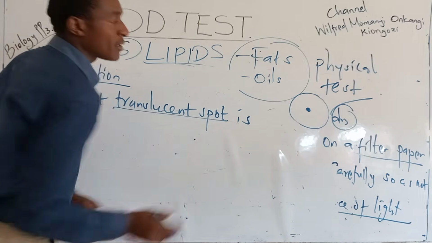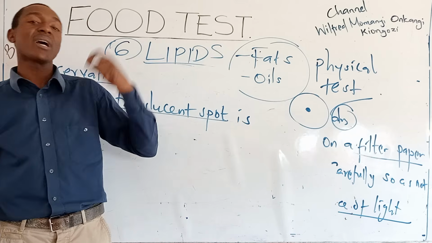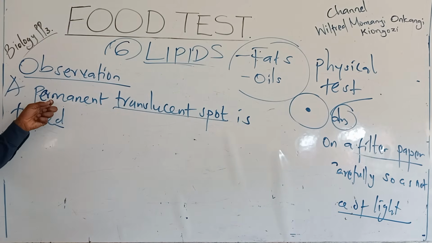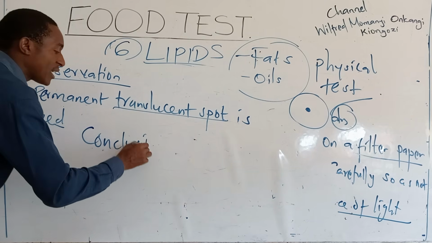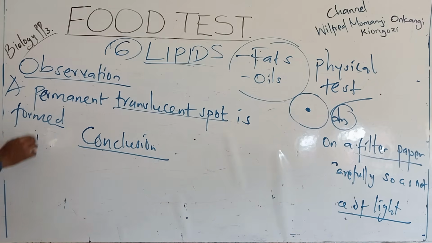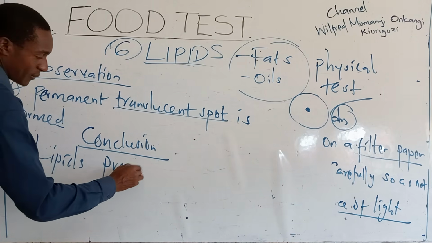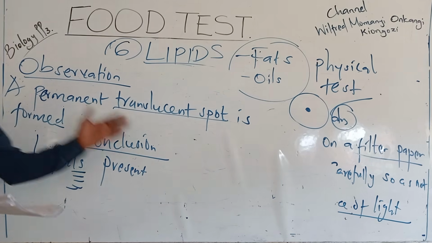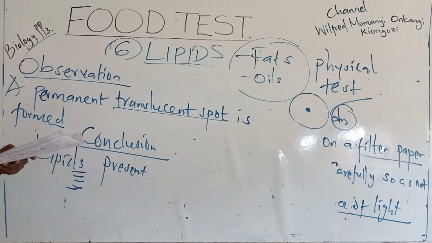A translucent spot is a spot that allows light to pass through it, but you cannot see through it. So if it is formed and it is permanent, you cannot reverse it, then the conclusion is lipids present. Make sure you don't write lipid. That is a physical test for lipids.